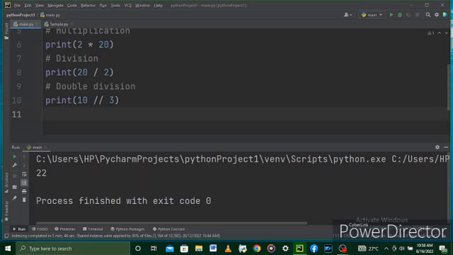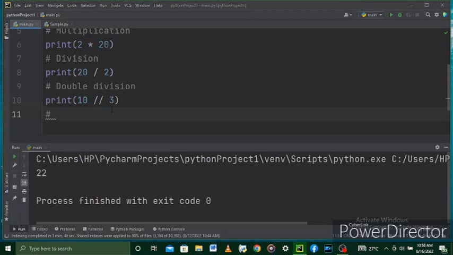The next one we are also going to go into is what we call the modulo. The modulo is a type of division where, instead of having the whole number just like in this double division that only gives us the whole number and truncates the remainder, the modulo only gives us the remainder and truncates the whole number.